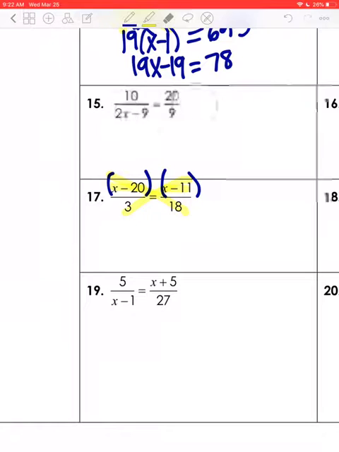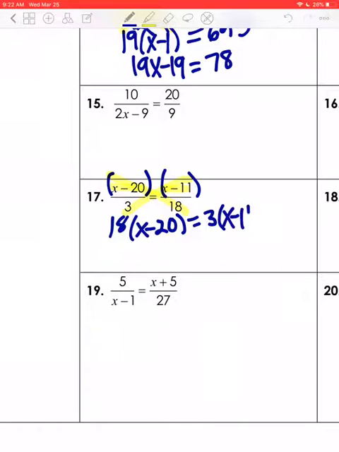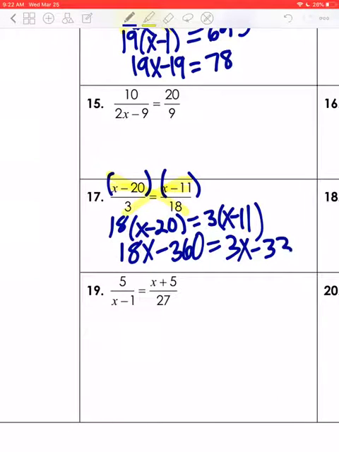Let me just focus on this one. So this will be 18 times x minus 20 equals 3 times x minus 11. Okay. So that gives me 18x minus 360 equals 3x minus 33.